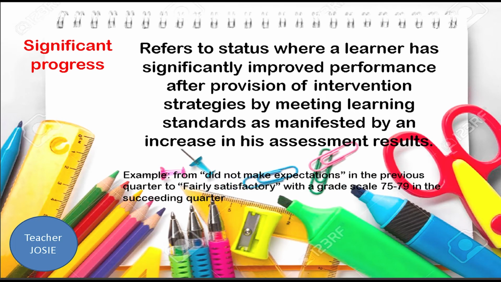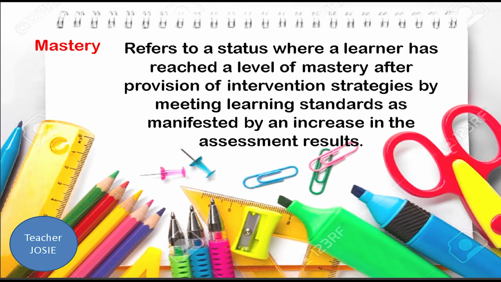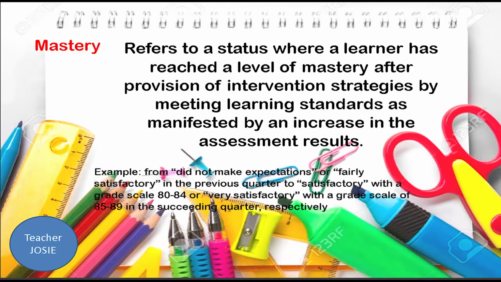Example, from did not meet expectations in the previous quarter to fairly satisfactory with a grade scale of 75 to 79 in the succeeding quarter. Mastery refers to a status where a learner has reached a level of mastery after provision of intervention strategies by meeting learning standards, as manifested by an increase in the assessment results.